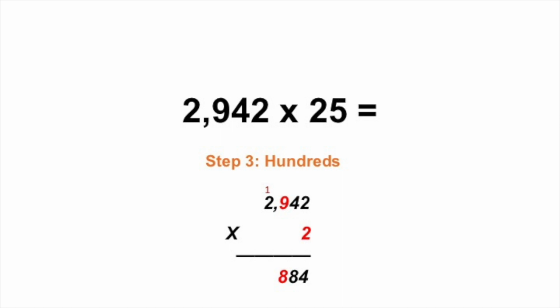And now the thousands column, 2 times 2 plus 1 equals 5. So we have an answer, 5,884. But what do we need to do with the 0 that we removed? We need to put it back at the end.